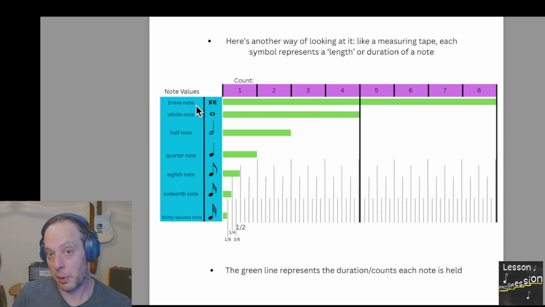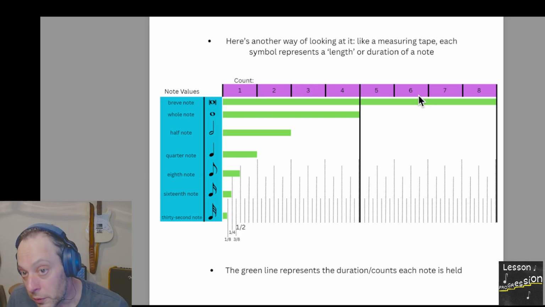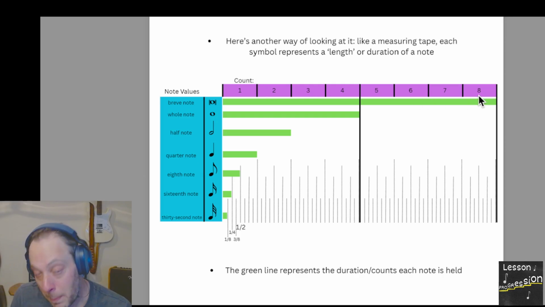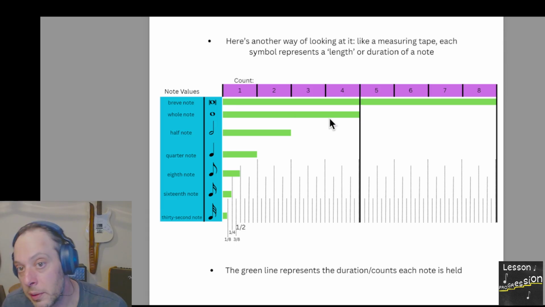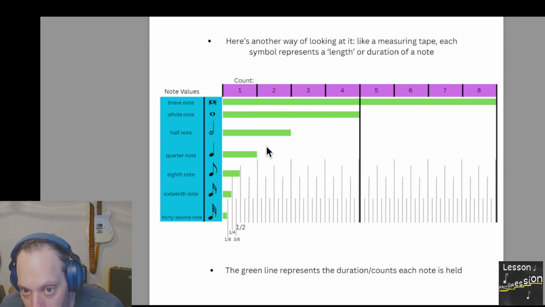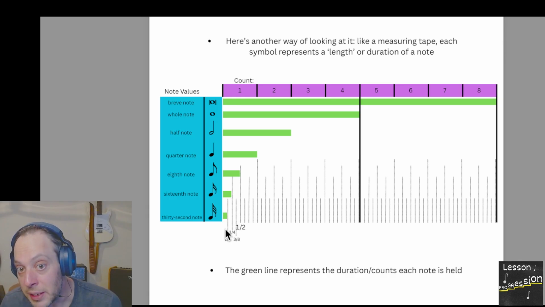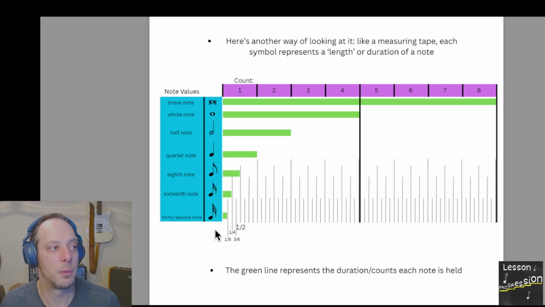You can see how the breve note that gets 1, 2, 3, 4, 5, 6, 7, 8 counts up top is a very long note. Compared to it, the whole note is just half as long. And then you can see how we keep cutting the length or duration of each note in half. And you can see how that 32nd note is very, very short.